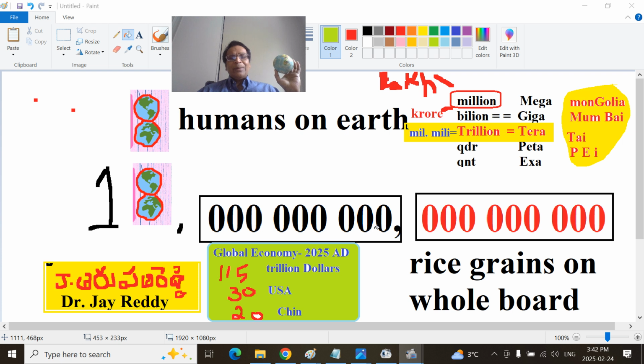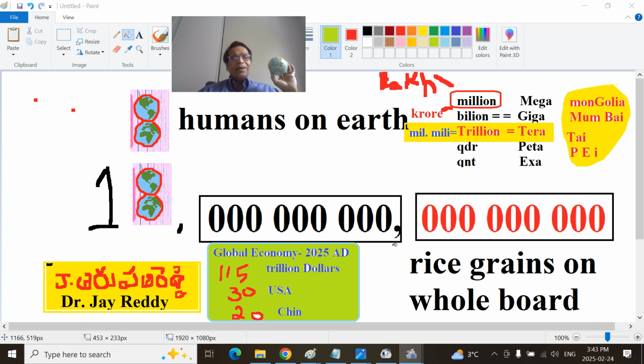That means 18 followed by 18 zeros is the number of rice grains you can add on the whole chessboard, the entire board. The last square is just 9 billion billion, that is 9 quintillion.